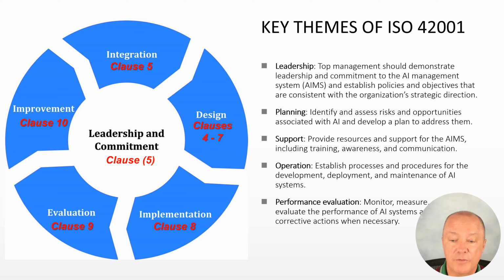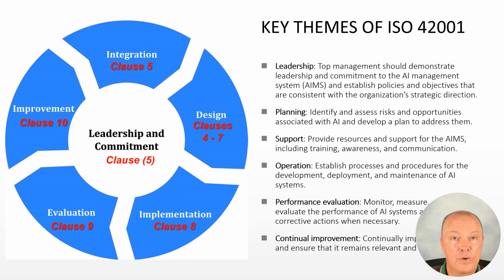This is where we do performance evaluation, where we monitor, measure, evaluate the performance of AI systems, and where we take corrective actions where necessary. And then, of course, we always want to continuously improve our AI management system to ensure that it becomes better over time, not just maintaining the status quo.